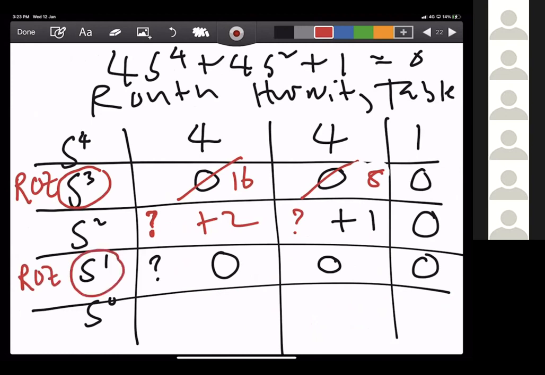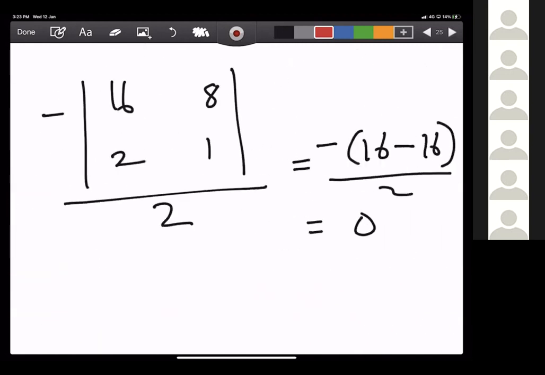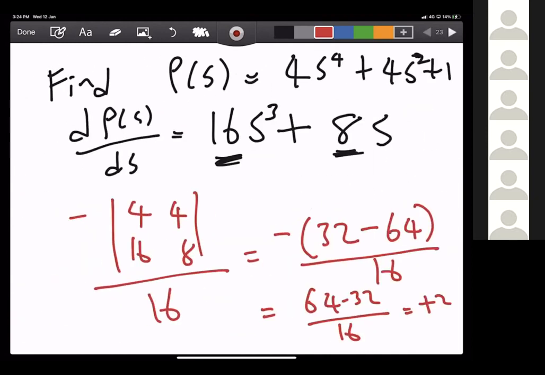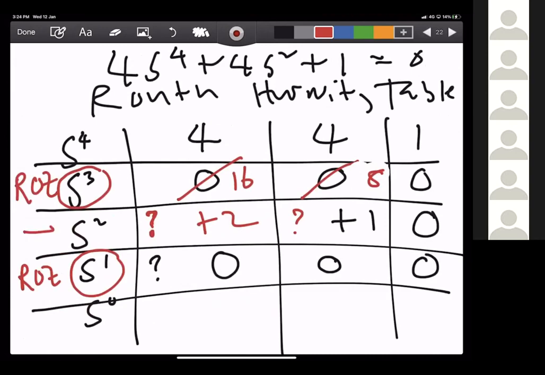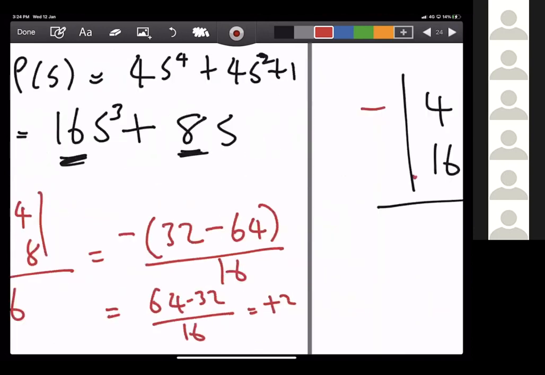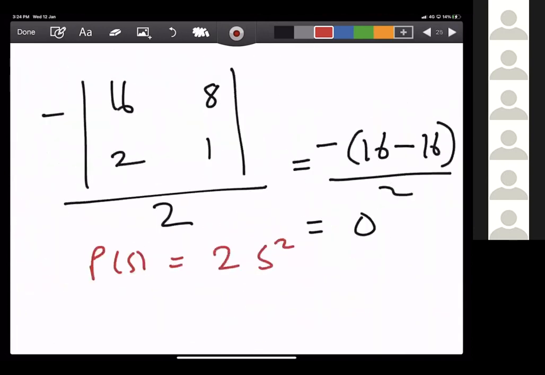Sekali lagi. So the procedure is? Find the auxiliary equation and then differentiate it. So it is above the second row of zeros, which is 2s squared plus 1. So it will be 4s.